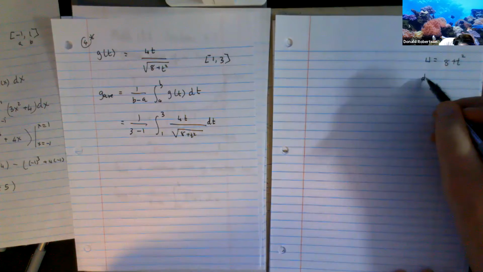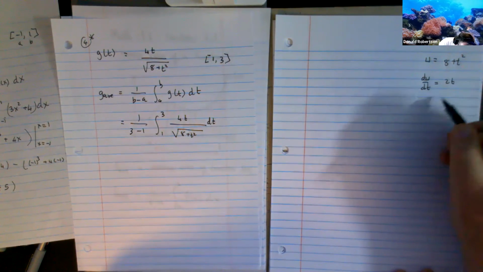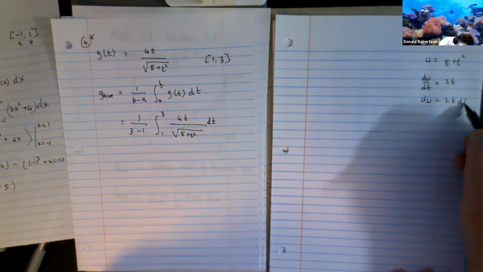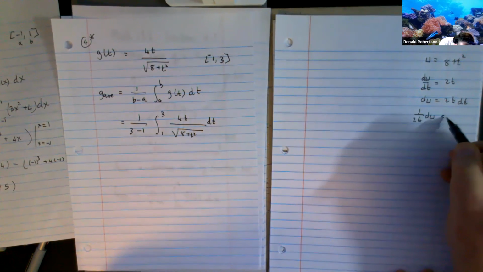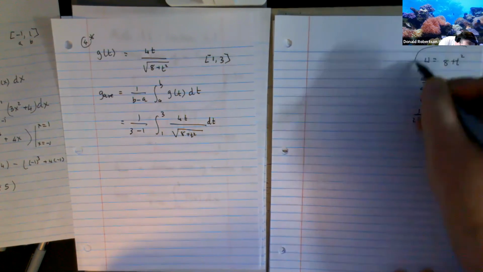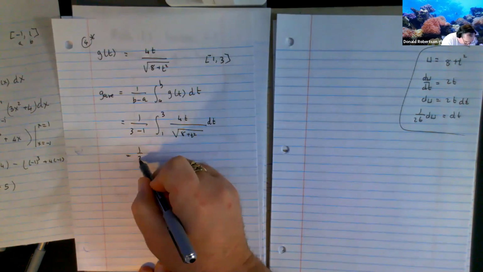So differentiate with respect to t, and you get 2t. Do the crossover, and then isolate the dt. Right. This fella is a half now.